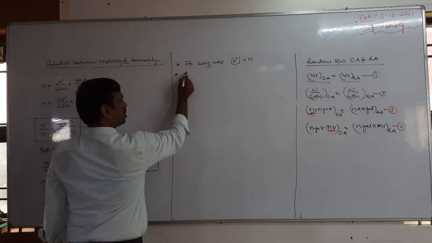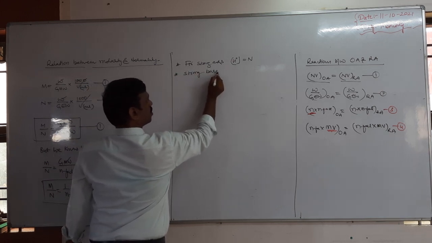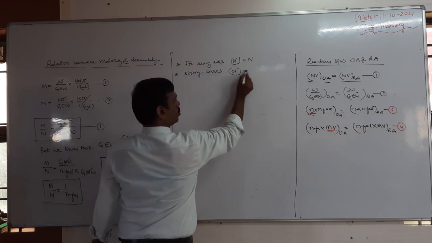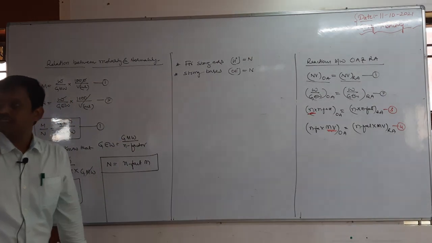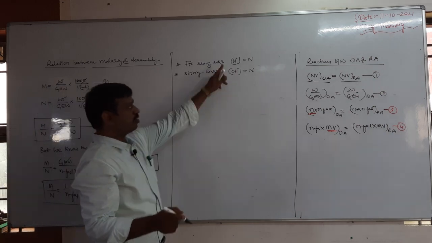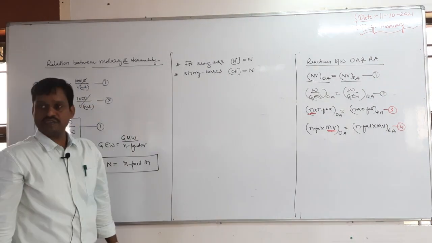For strong bases, OH minus ion concentration is also equal to normality. For strong acids and strong bases, normality is equal to H plus ion concentration; for bases, normality equals OH minus.